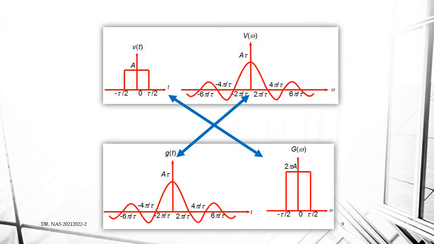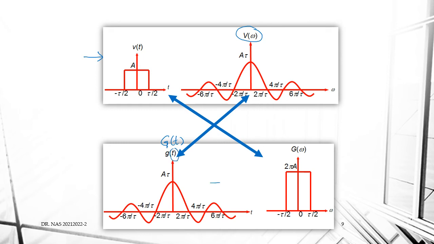This is the representation of signals having duality properties. So this is the general fundamental signal. If you have a rectangular in the time domain, then in the frequency domain you have a sinc function. But in this case you have capital G, with the sinc function in the time domain.